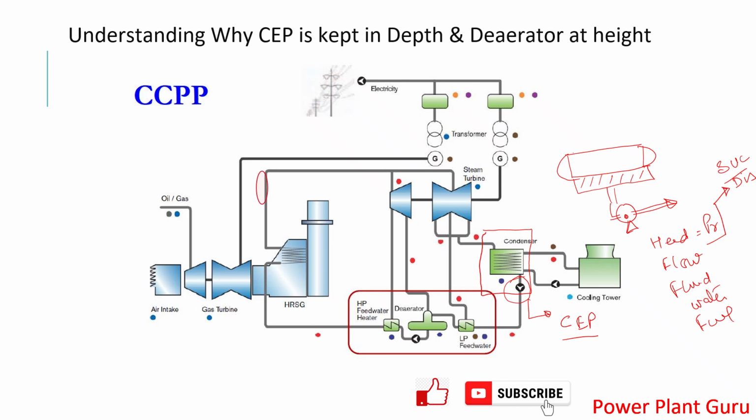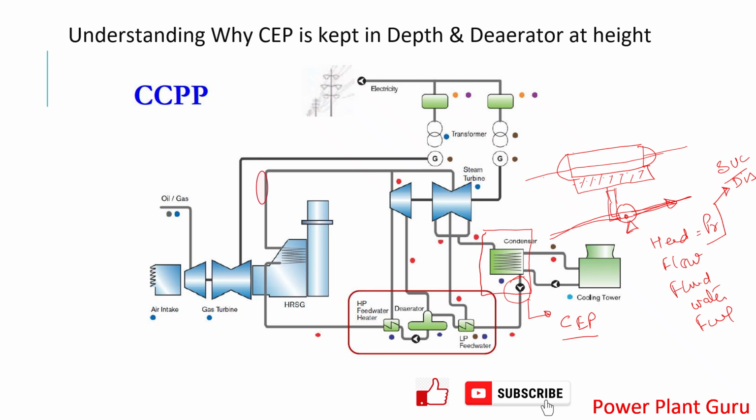So the core thing is that every pump has a designed suction pressure, and that suction pressure has to be maintained. The same applies to the condensate extraction pump. Why is it kept at that height? Because you need to maintain a certain minimum essential head between the center line of the pump and the water level.